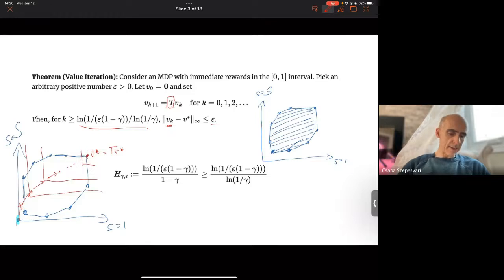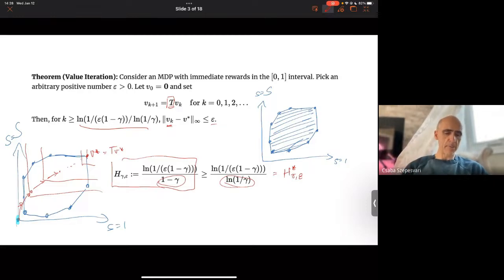So there is this factor here, H(gamma, epsilon), and you can show that there is a more precise factor that comes out of this calculation, H star (gamma, epsilon), which is basically the same as the other one, except that log 1 over gamma is replaced by 1 minus gamma in the denominator.